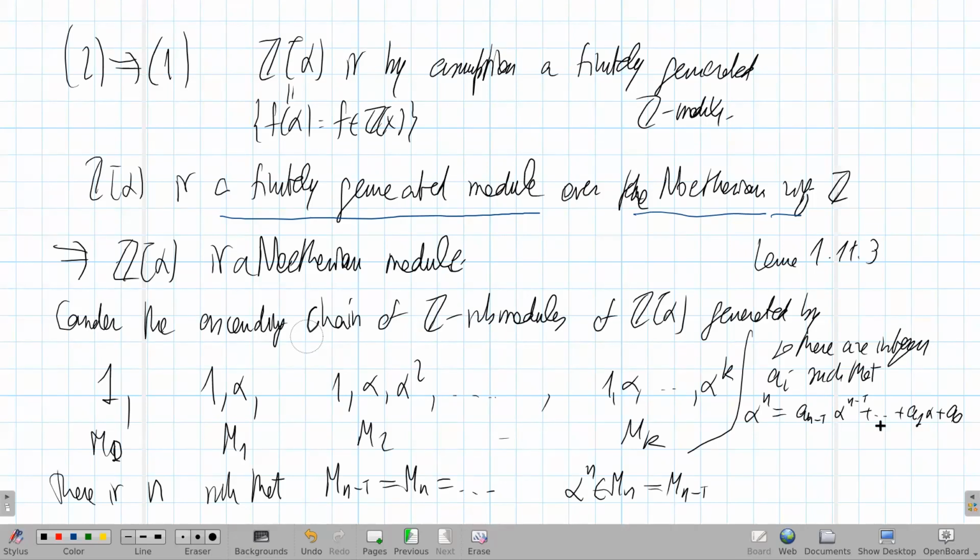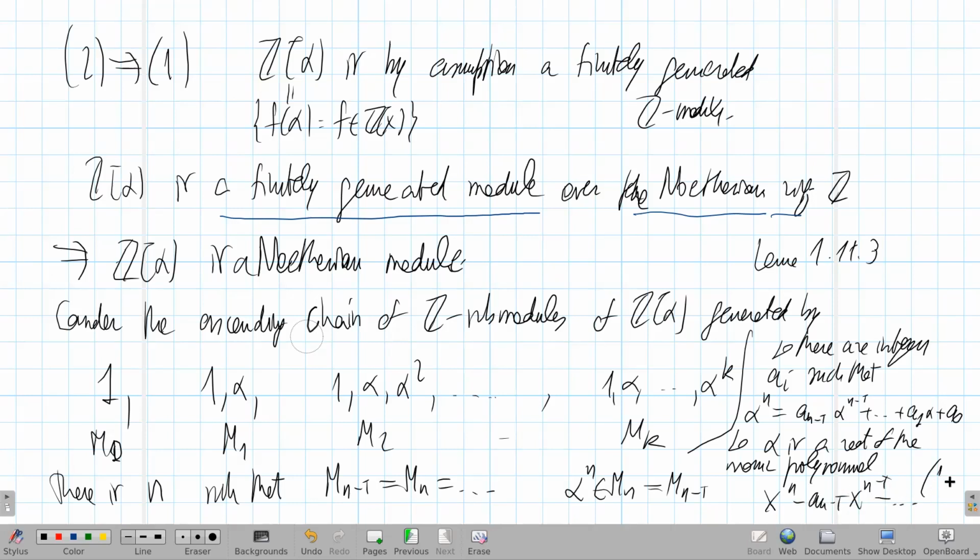But you see what we have here, well, there's a matter of signs, and this shows alpha is a root of the monic polynomial x^n minus a_{n-1} x^{n-1} minus and so on.